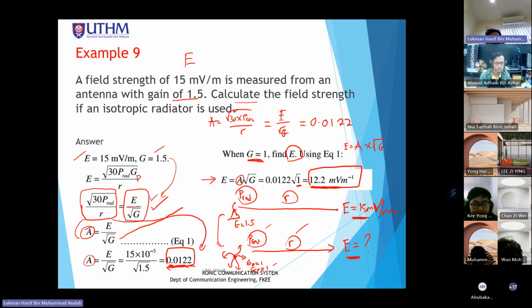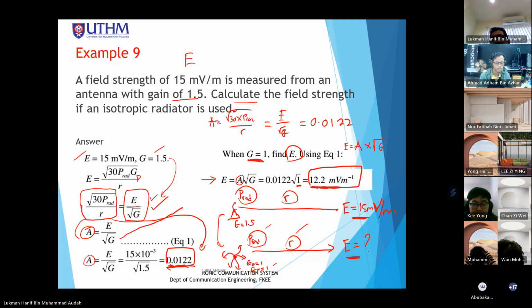In this case, the power is the same and the distance is the same, but the gain is different because we use a different antenna. The E field produced by the isotropic antenna becomes less because its gain is equal to 1, whereas the real antenna has a gain of 1.5, larger than the isotropic antenna.